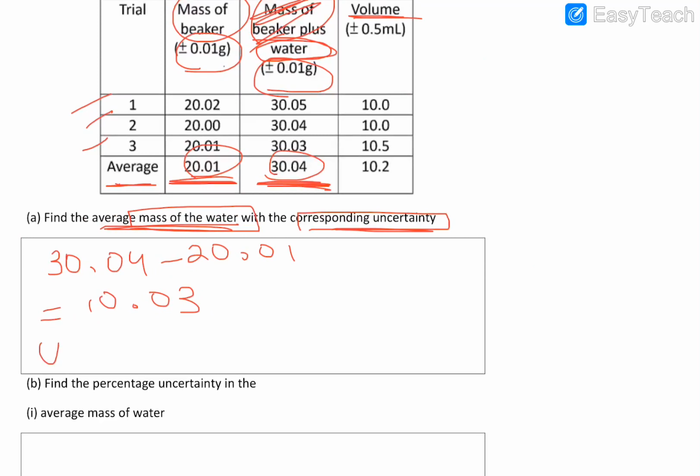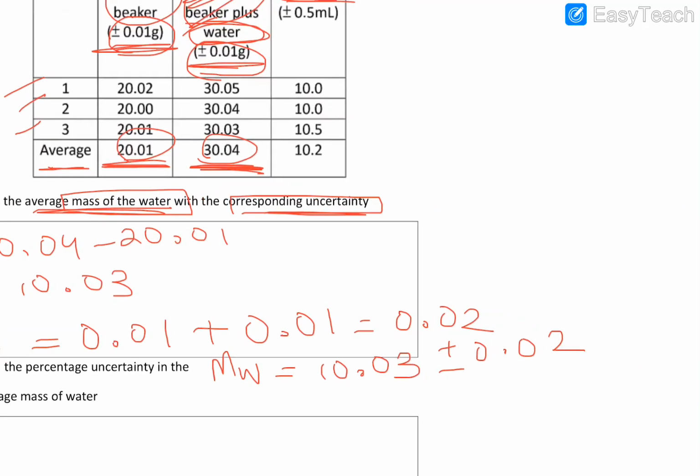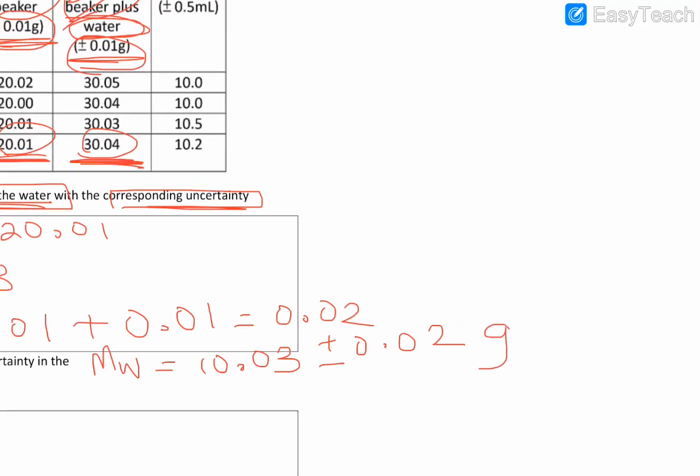So then the uncertainty is going to be the first one, which is 0.01, plus the second one, 0.01, so 0.02. So I'm going to give my final answer. So mass of water is equal to 10.03 plus minus 0.02. So this is my answer. This is in grams.